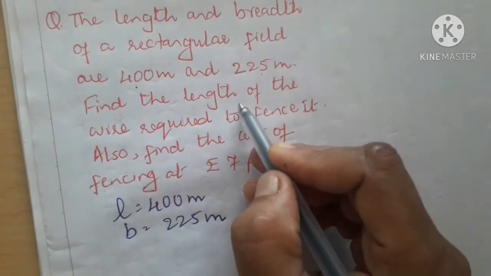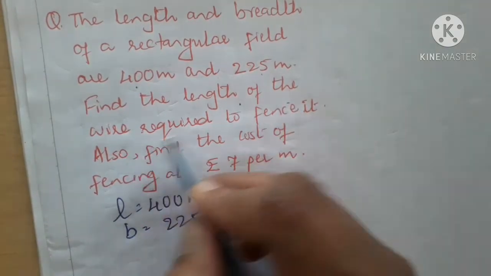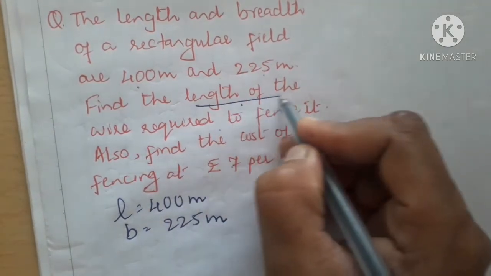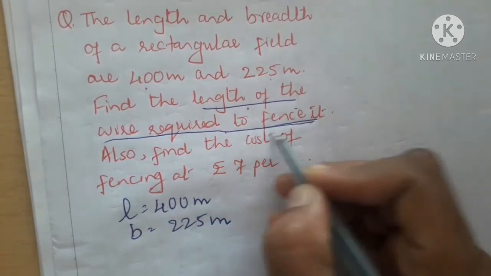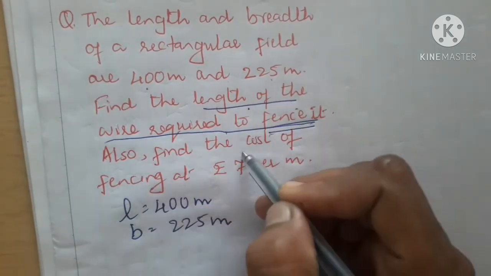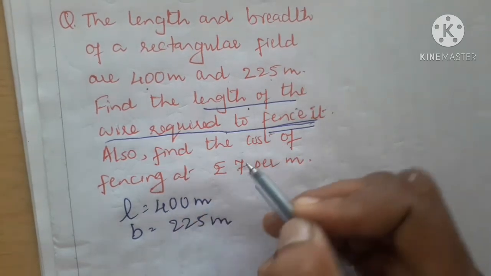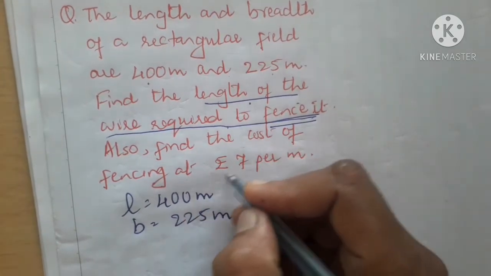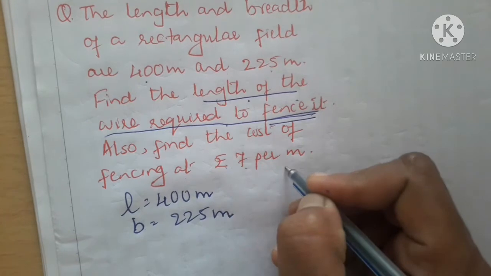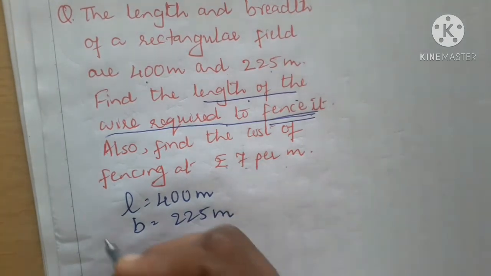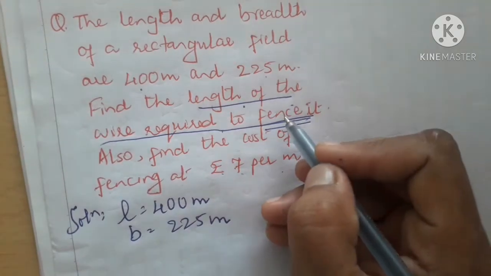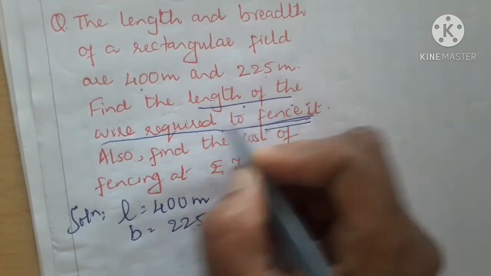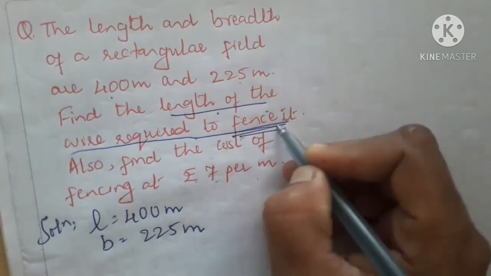Find the length of the wire required to fence it. Also find the cost of fencing at the rate of rupees 7 per meter.